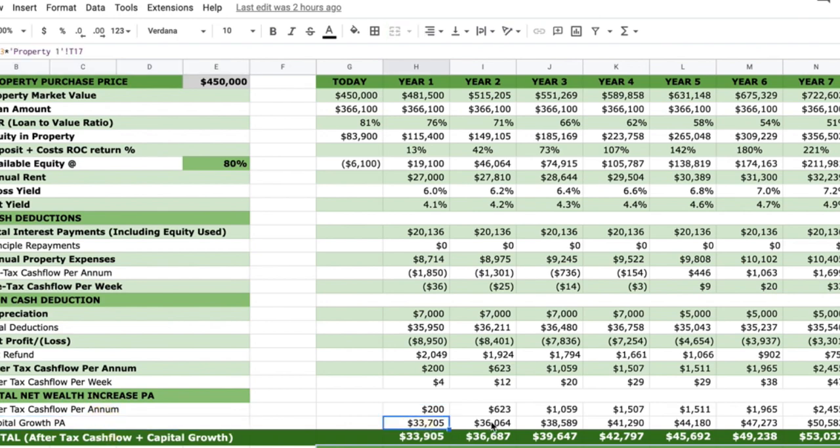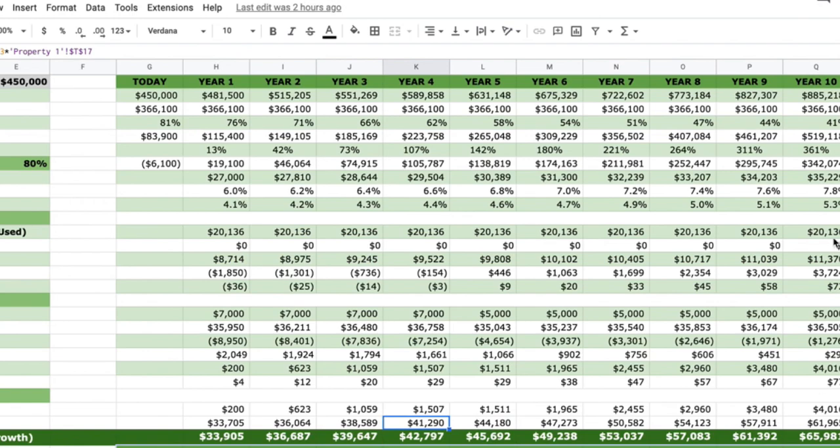And that's every year your property is growing by these many thousands in terms of the capital growth. So year 10, your property value will be 885,000. So if you decide to sell it in year 10, which we don't recommend, by the way, we work on most of the time we recommend to hold the property as far as you can.